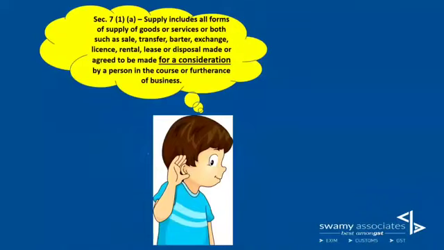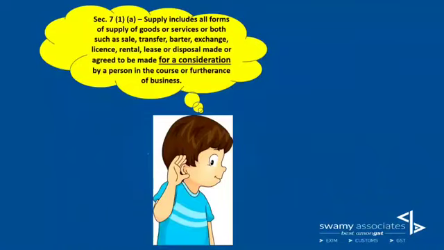Now, coming to the taxable event in GST, we all know that the taxable event in GST is supply. We had 2-3 sessions on supply by Mr. Raghavan Ramabhadran. So he has clearly told, we have also gone through the definition of supply under section 7(1)(a), which says supply includes all forms of supply such as sale, transfer, barter, exchange, license, rental, lease, disposal, agreed to be made for a consideration.